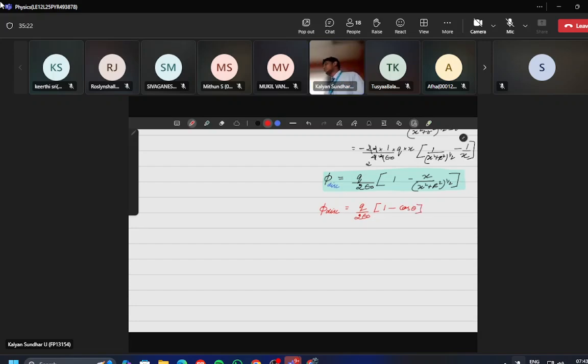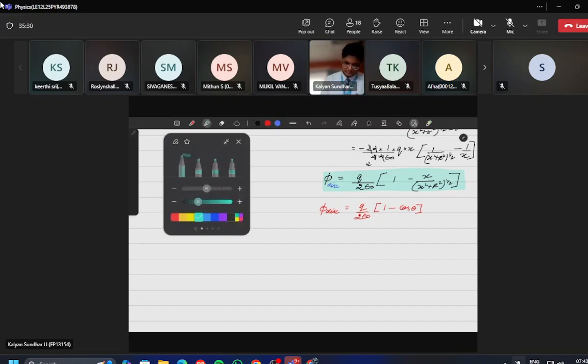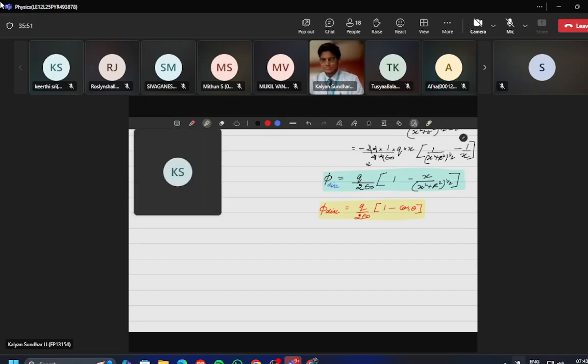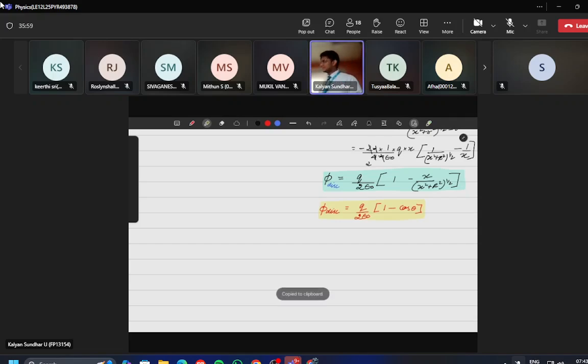This is the direct formula for the flux, because cos theta is nothing but x divided by your hypotenuse. It is the same answer. So for flux through the disk, this is it.